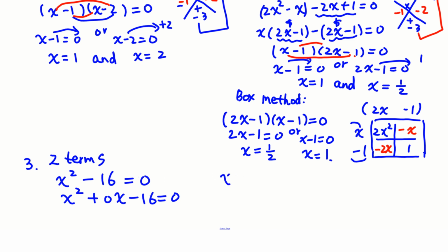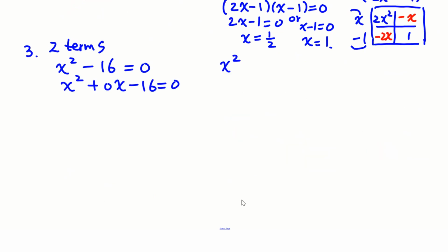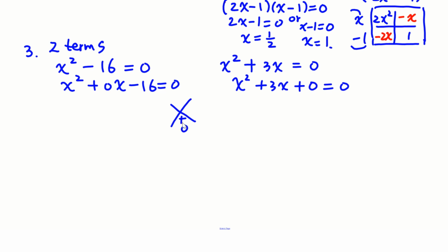Or if you have 2 terms, x squared plus 3x equals 0, you could convert it by adding another term. Okay, so for this one, you are looking for 2 numbers that add together to 0 and multiply together to negative 16.